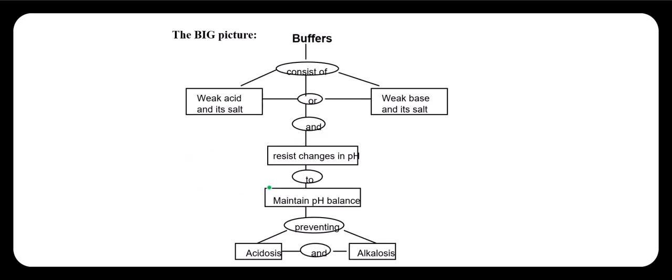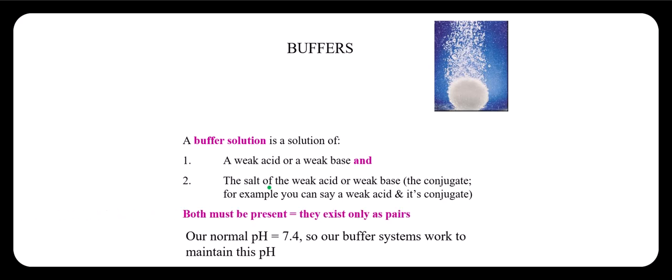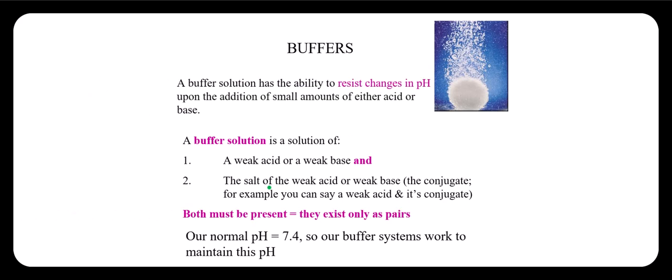Okay, so what are we going to do with all this? What we're going to do with all this is we're going to buffer. So let's talk about buffers for a second and the definition of a buffer. What a buffer does, it's not really the definition, but what it does is it resists changes to pH.